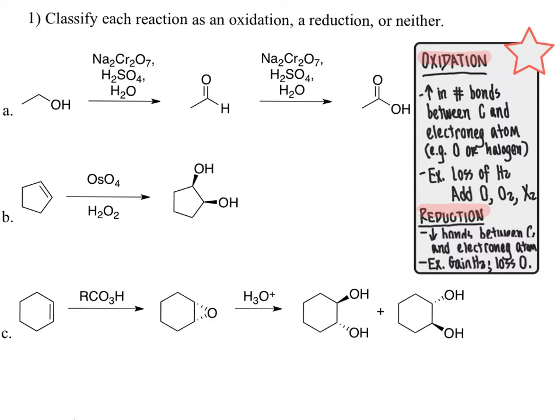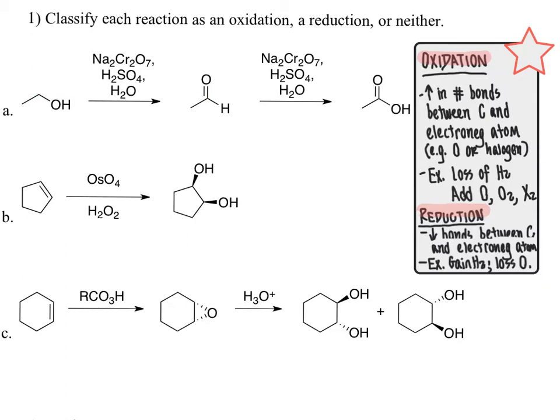So let's use this information to tackle this problem. In part A, we look at the relationship between the product of each reaction and the reactant. Here we're going from an alcohol, ethanol, to acetaldehyde, a 2-carbon aldehyde. In going from reactant to product, the number of carbon-oxygen bonds has increased from 1 direct bond between carbon and oxygen to 2 direct linkages.